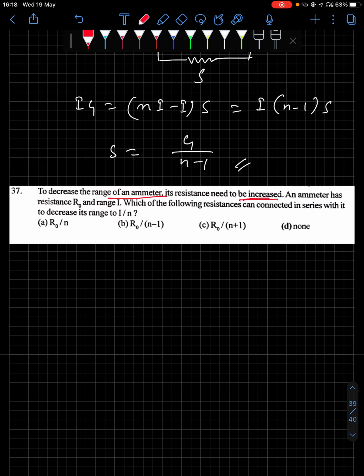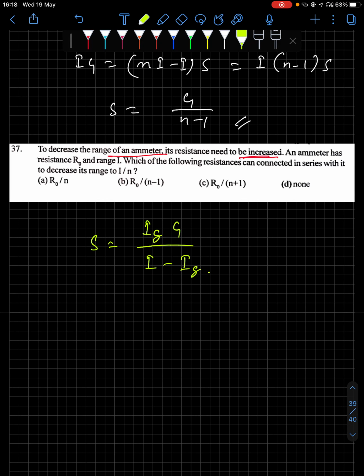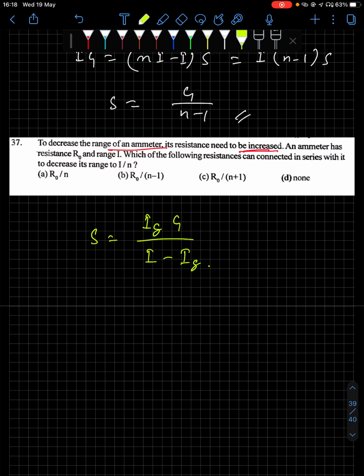So what is the relation for shunt resistance? The relation for shunt resistance is Ig into G divided by (I minus Ig), right? So Ig was the current passing through the galvanometer and I was the current passing through the ammeter. Now to decrease the range, I should decrease. So you want to decrease range, so you have to increase the shunt resistance. So resistance S will only increase when I value decreases, right?